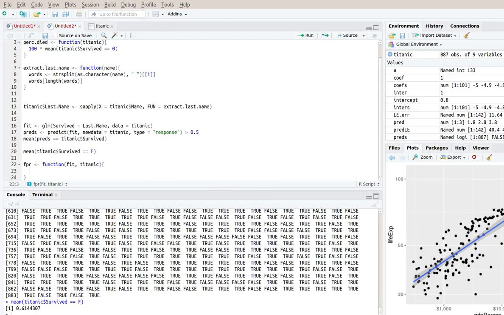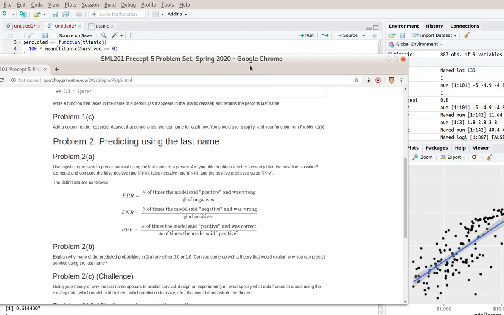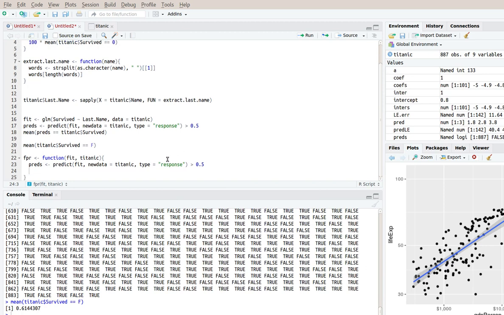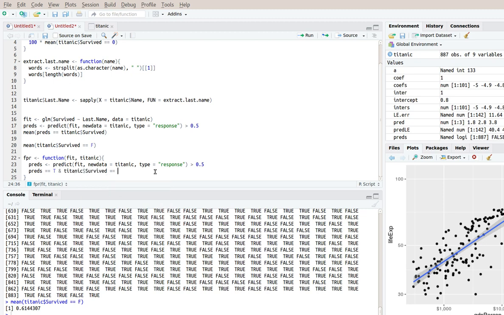Okay, so we'll get the predictions again, and here it's just a matter of computing things. The number of times the model said positive but was wrong means preds is true but survived is 0. So we'll say preds is true, and also Titanic$survived is 0.